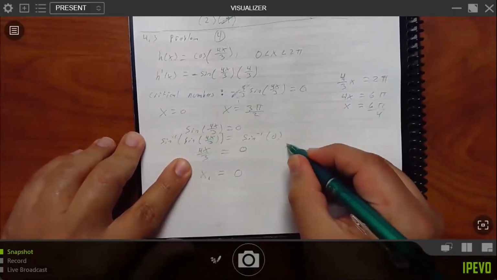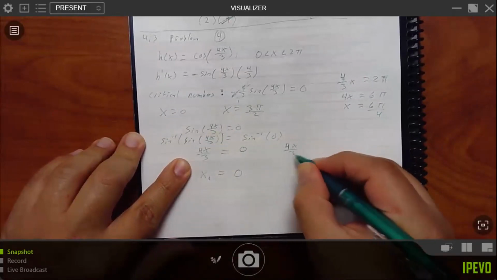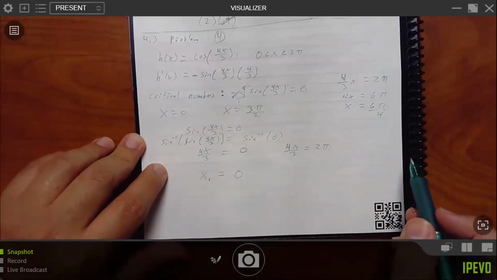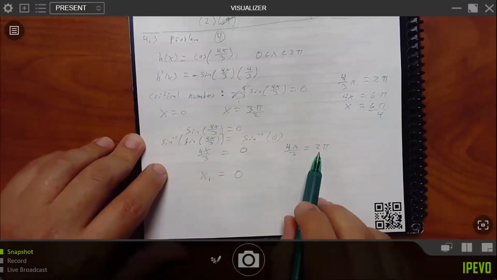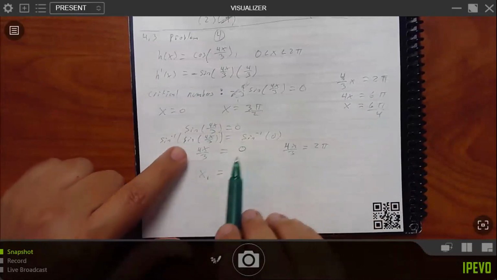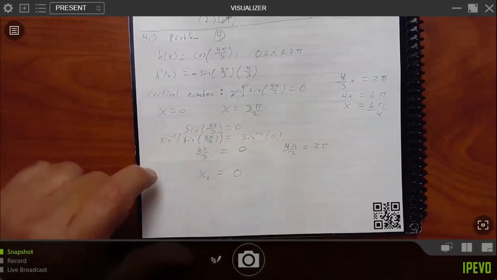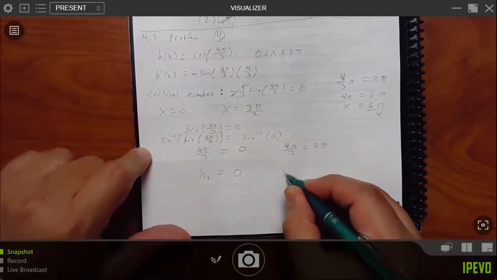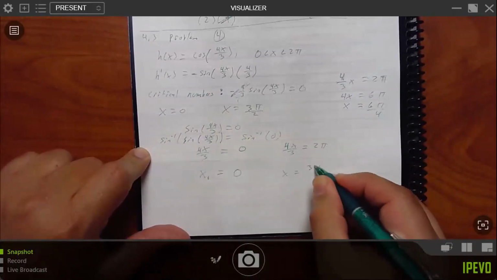So I should set this inside part equal to the other. Like if I go full circle, I'll be at 0 here on the unit circle. That makes sense, because this calculator can only give you that one. So anyway, you solve for this and you end up with x equal to 3 pi over 2.